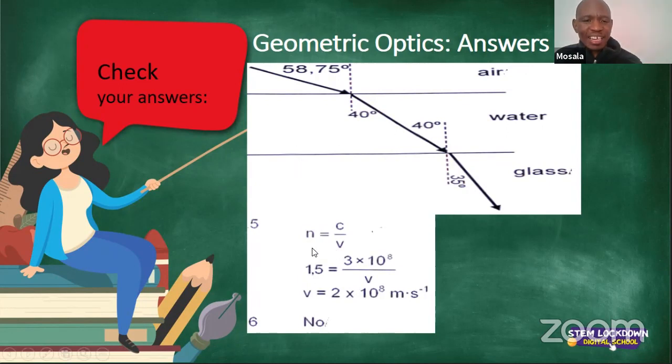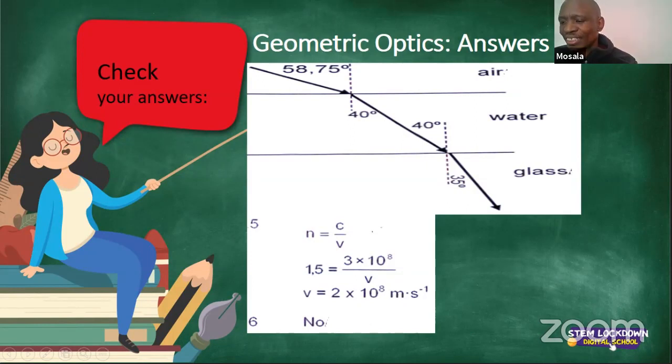So we know that refractive index is given by n = c over v. So refractive index is 1.5, the speed of light in vacuum is 3 times 10 to the power 8, and we are looking for the speed of light in glass. So it will be 2 times 10 to the power 8 meters per second.